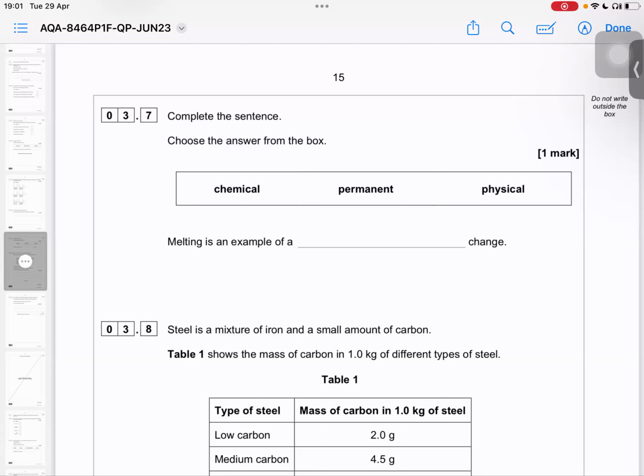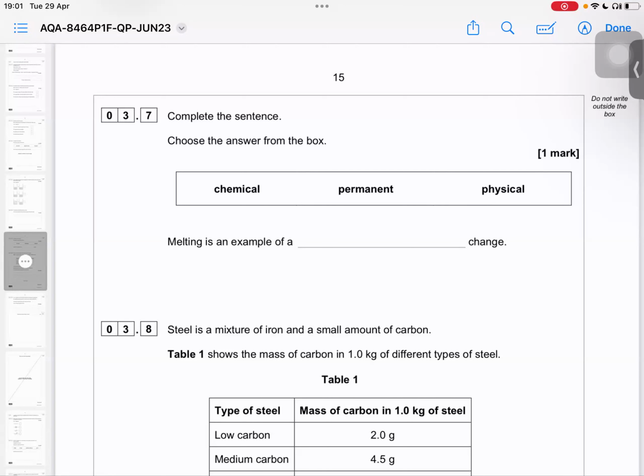Okay. So here it says choose the answer from the box. Melting is an example of a what? It's a physical change. Do you remember when we talked about chemical changes versus physical changes?